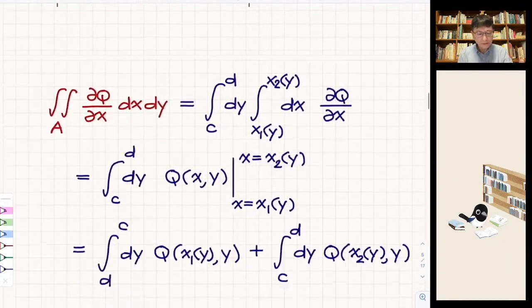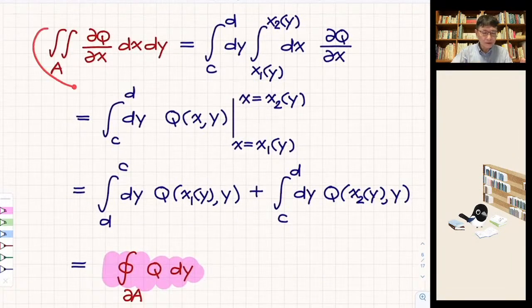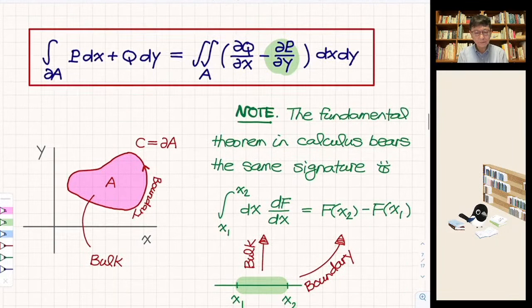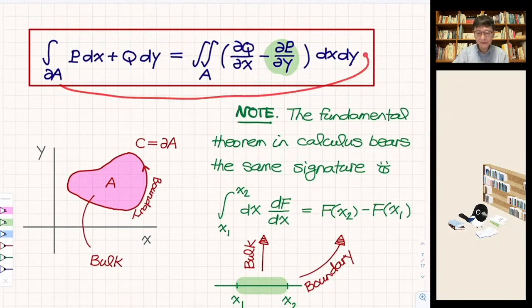On the other hand, for another term, the partial derivative of Q inside the double integrals after basically the same calculation leads to the circulation of Q with respect to dy. So now you combine them both together, and then you got this very beautiful Green's theorem.